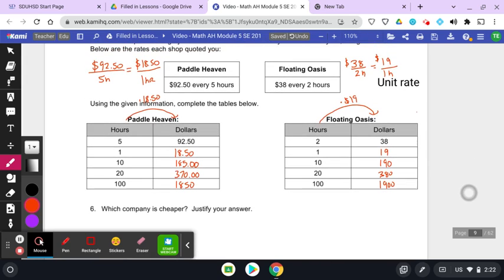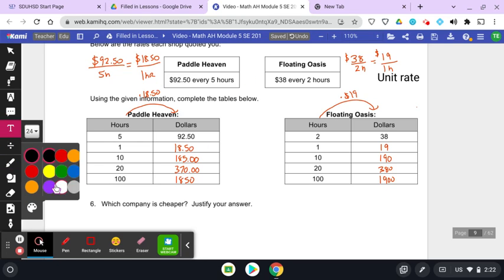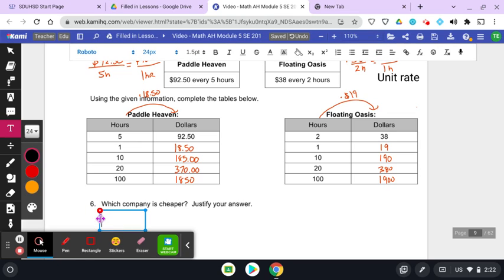Okay, so which company is cheaper? Well, we can look at the per hour, the unit rate, and we see that Paddle Haven is cheaper. We have to say why.